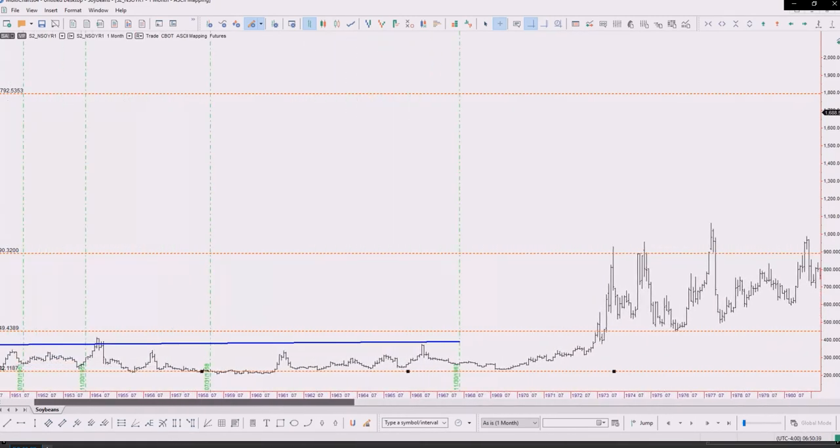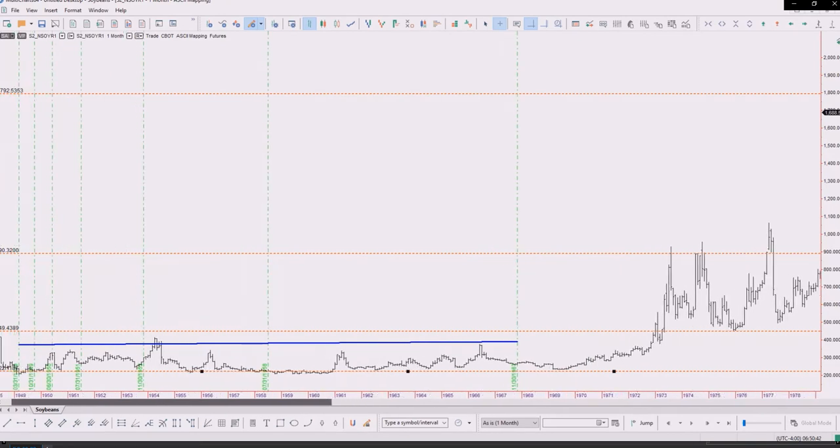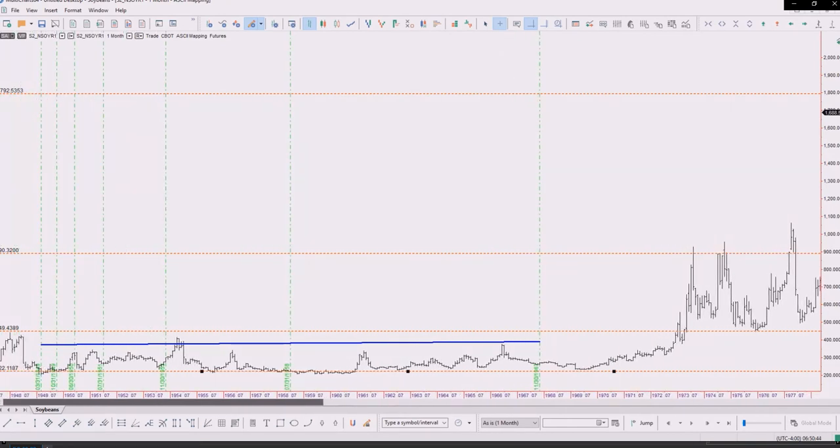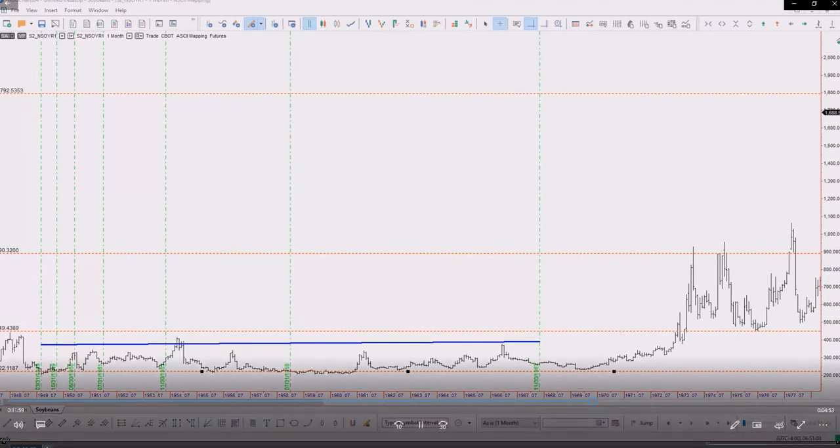We get a major support line down there all the way back into the late 40s, which is as far back as we go. And that is the 224 to 448 level.